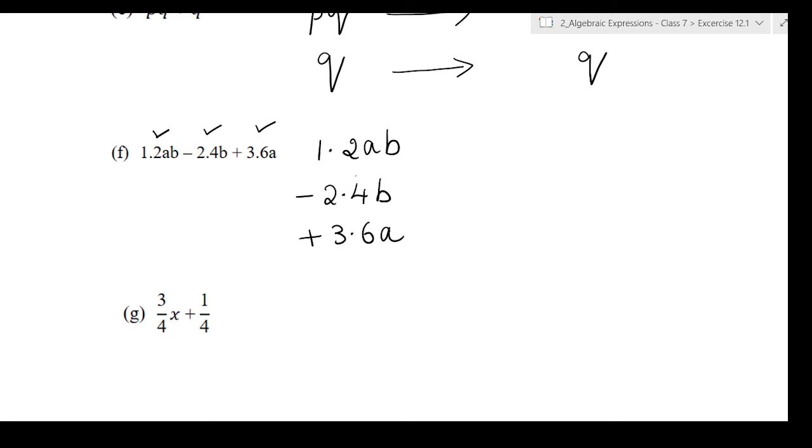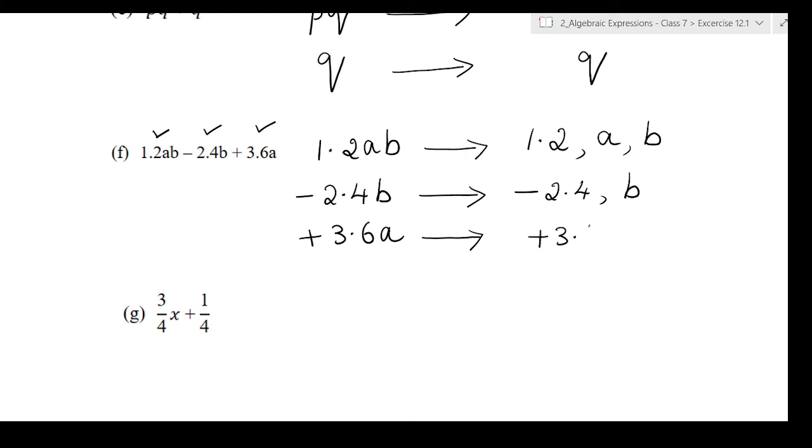So what are the factors of 1.2ab? It is 1.2, a and b. Factors of minus 2.4b are minus 2.4 and b. Factors of plus 3.6a are plus 3.6 and a.